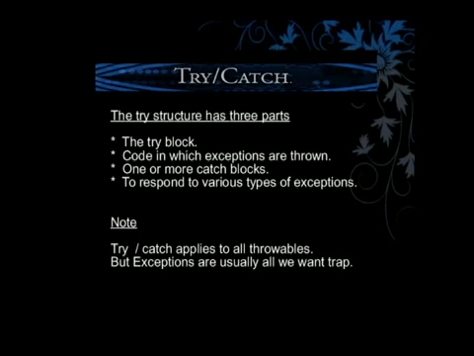First, the try block itself, containing the code in which exceptions are detected. Second, one or more catch blocks to respond to various types of exceptions. Third, an optional finally block containing code to be executed even if an exception occurs.